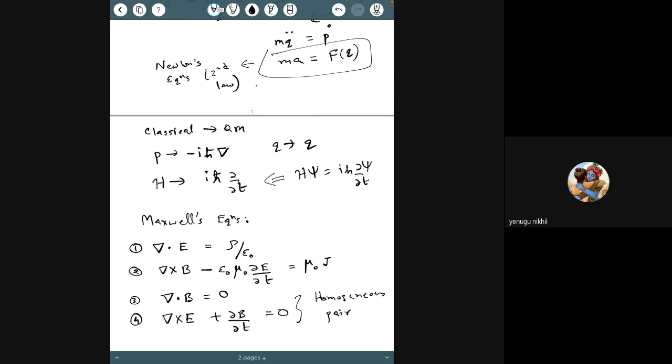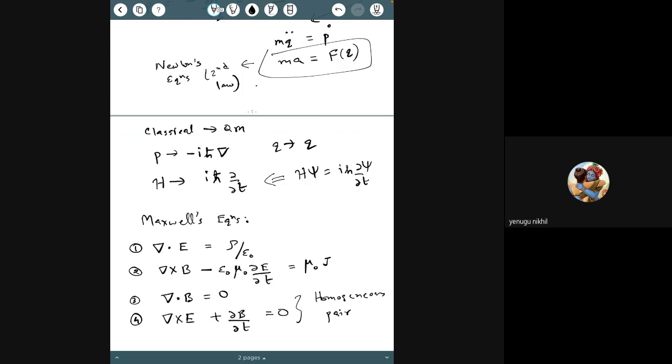When you solve 3 and 4 together, you get a description of light as electromagnetic radiation. This you must have already heard of, at least, if not studied in great detail. And then 1 and 2 tell you how the fields are produced. Equation 1 tells you that the electric field is produced from the charge density in a given area.